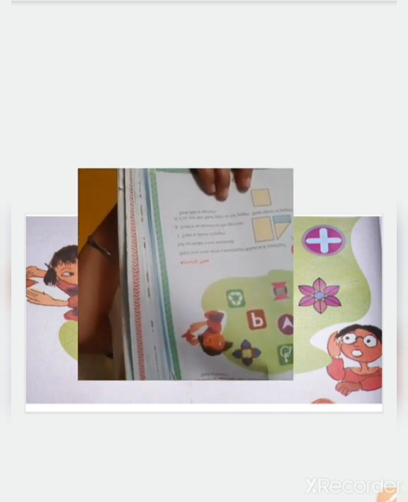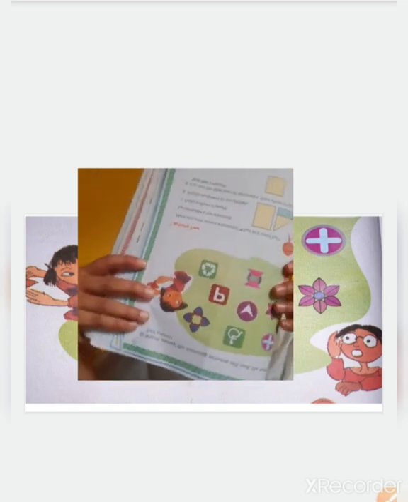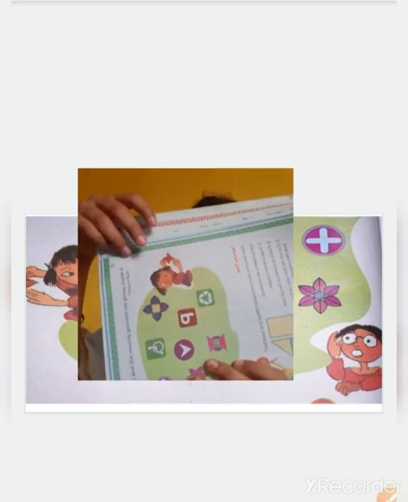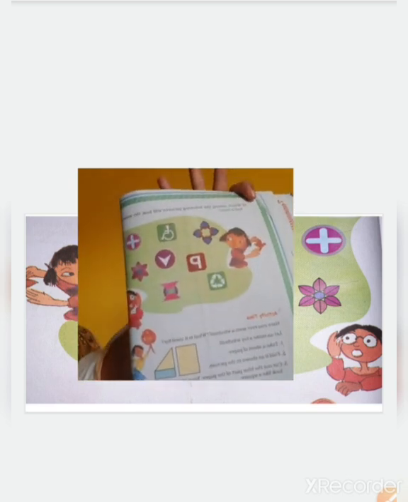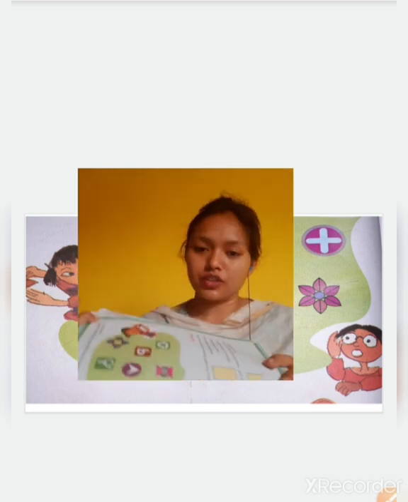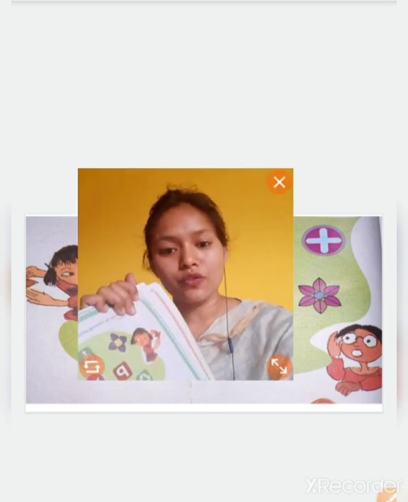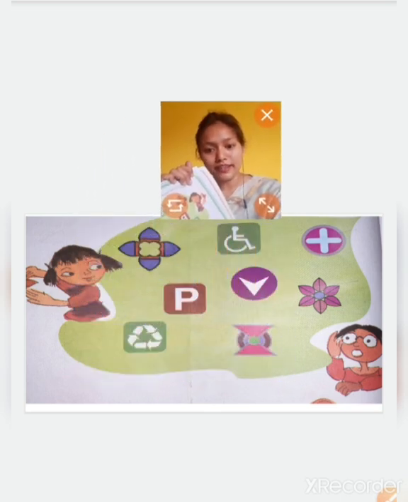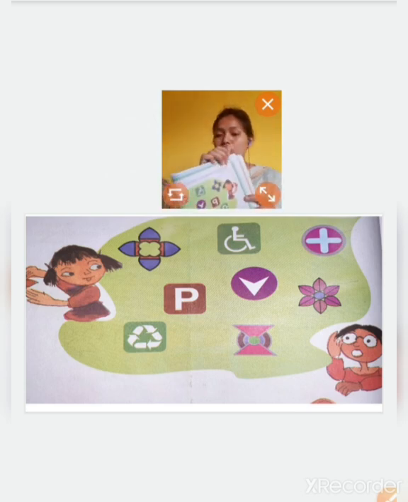Then again you will rotate, so it will be 180 degree rotation. So you can check whether it is looking like the previous one or not. This is 3/4 rotation or 270 degree rotation, and again this is complete rotation or 360 degree rotation. Means you just have to rotate your book and you can easily find out whether an image is looking like the previous one or not.